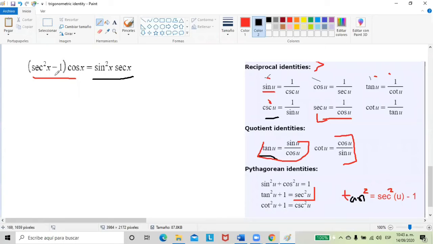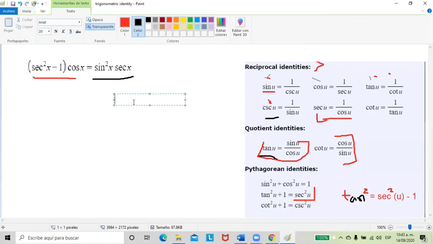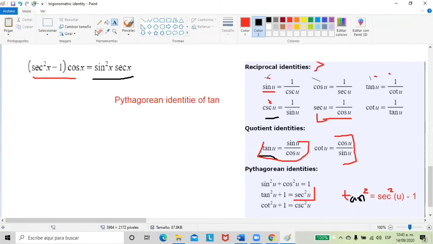So here, instead of writing secant squared of x minus 1, we use this identity. We use the Pythagorean identity, the identity of tangent.